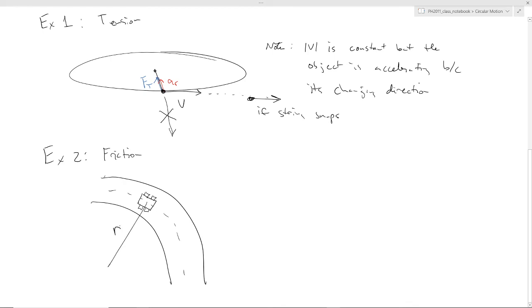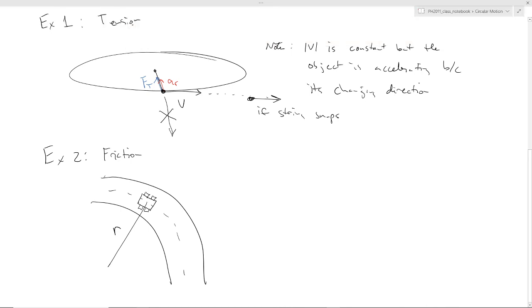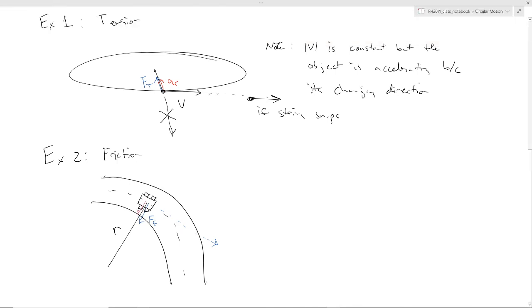Now this is R. Now in this case, you would experience the centripetal acceleration going around the corner, but the force that's providing that centripetal acceleration is actually the friction between the tires and the road. If you didn't have this, you would just continue in a straight line. So, oh, and just for being complete here, so the centripetal acceleration towards the center of the circle.